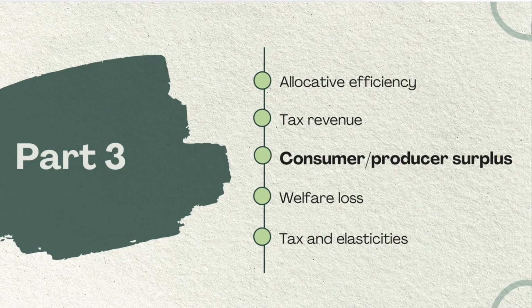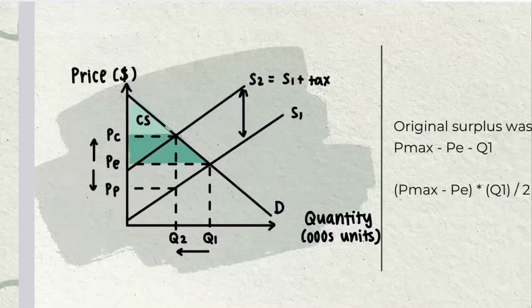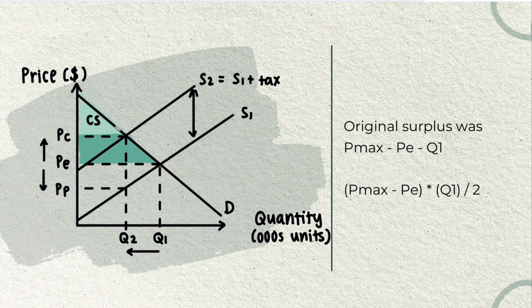Moving on to the consumer and producer surplus. Let's start with the consumer surplus. The shaded triangle here illustrates the consumer surplus before the tax, as the maximum price that people were willing to pay is here, and the equilibrium price is here, which gives us the quantity of Q1, which gives us the consumer surplus.